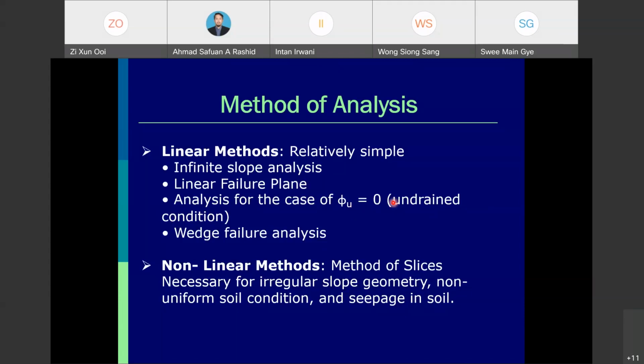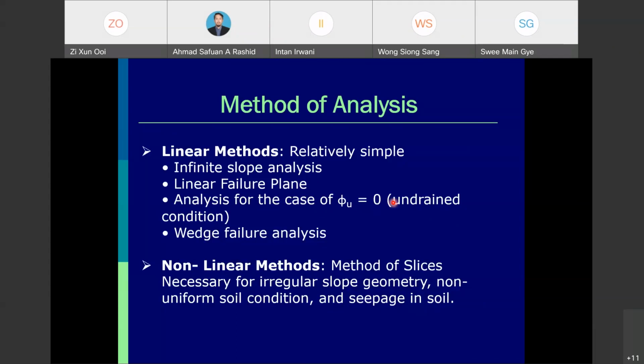There will be another approach by using the linear methods. The last one is the wedge failure analysis. However, I will not discuss this method. Then we have a non-linear method of slices, necessary for irregular slope geometry, non-uniform soil condition and seepage in soil. So that is the non-linear methods.